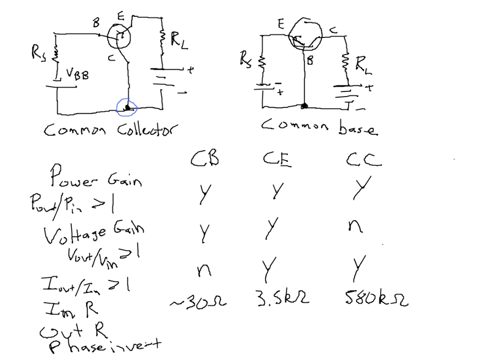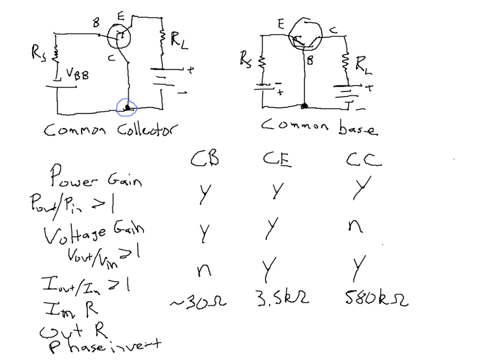Okay, now in other cases, we have a typical output resistance. We generally want that to be low because you would like the amplifier to be able to output as much current as possible. So you want its output resistance to be low.